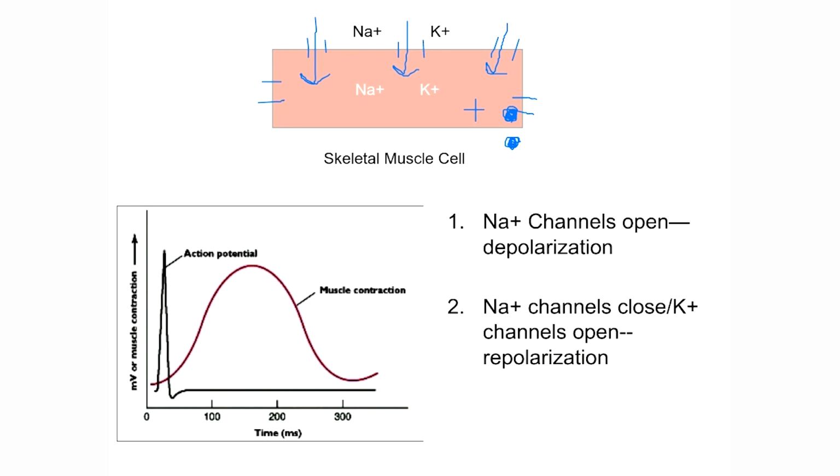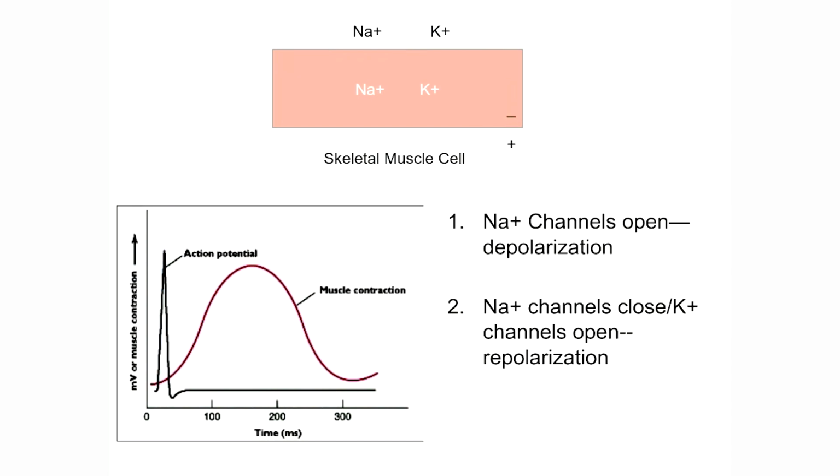And relative to that, we are negative on the outside. And when this happens, again, caused by sodium channels opening, we refer to it as depolarization. And depolarization is what's happening on this initial part of the action potential here.